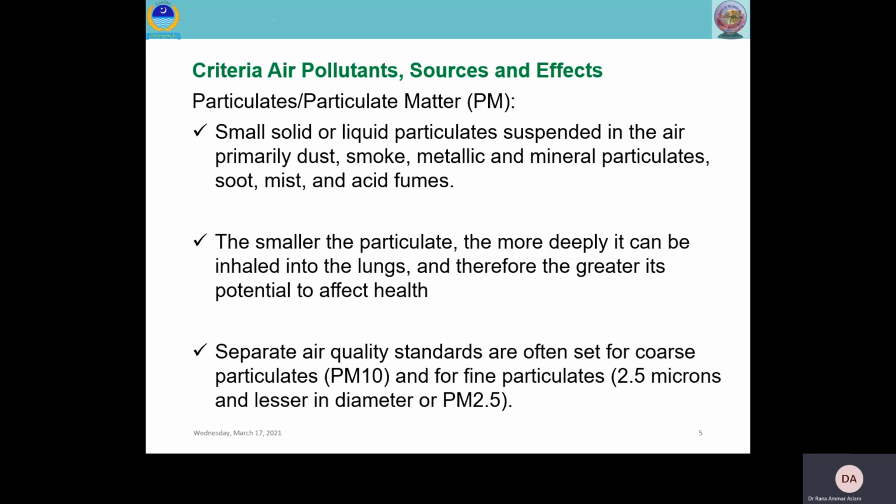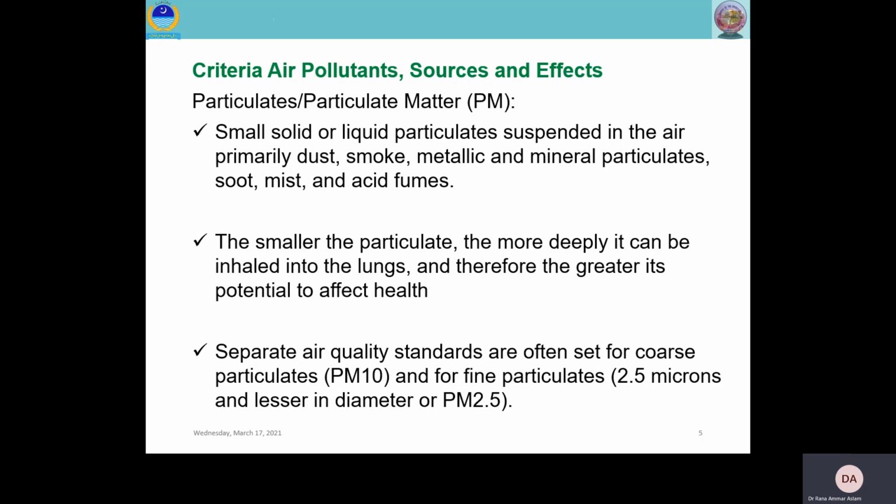These substances can be gaseous in nature, like oxides of sulfur, oxides of nitrogen, oxides of carbon. These can be liquid in nature, like moisture content, or solid in nature, like dust, metal particles, mineral particles, soot, mist, dirt, and acid fumes, etc.